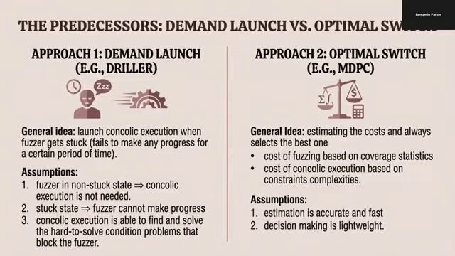So the cost of fuzzing they use is based off the coverage statistics for fuzzing, and the constraint complexities for concurrent execution. This assumes that the estimations of both are accurate and fast, and that the decision making between which to use is lightweight.